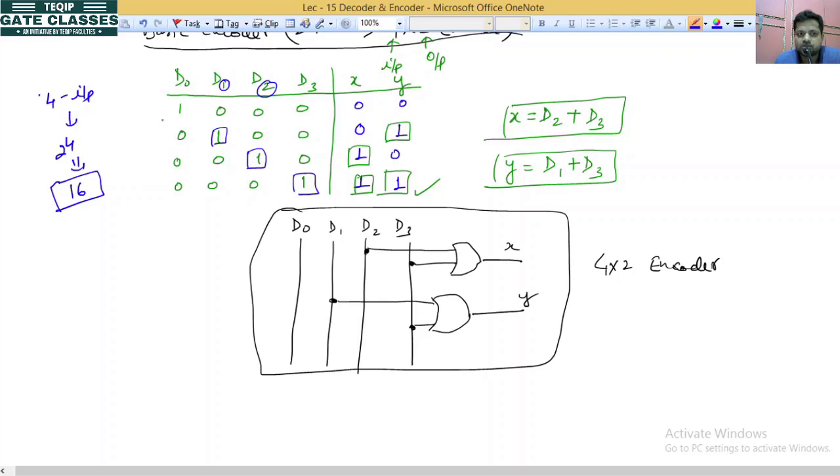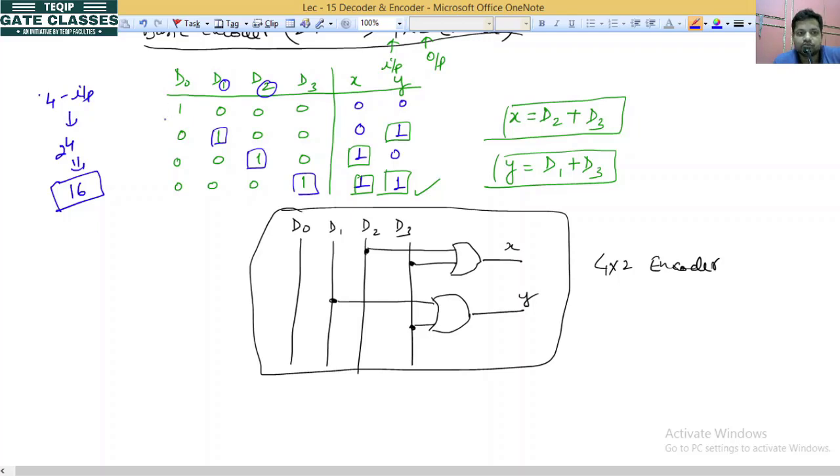But in this case, how many combinations are used? Only 4. So how many combinations are going to be wasted? 12 combinations. That is, 3 times the combinations used are going to be wasted in the case of the basic encoder. Okay na?